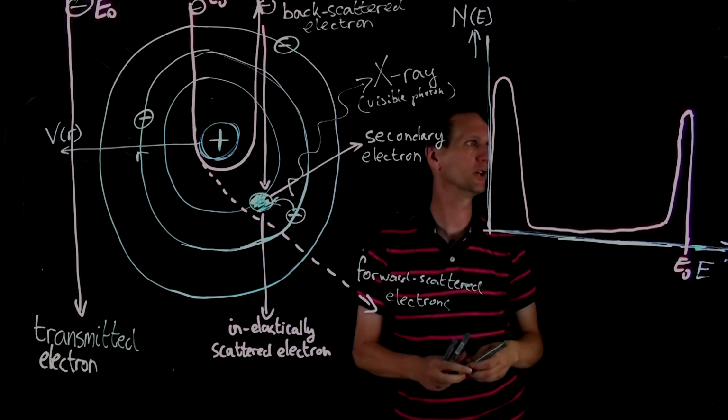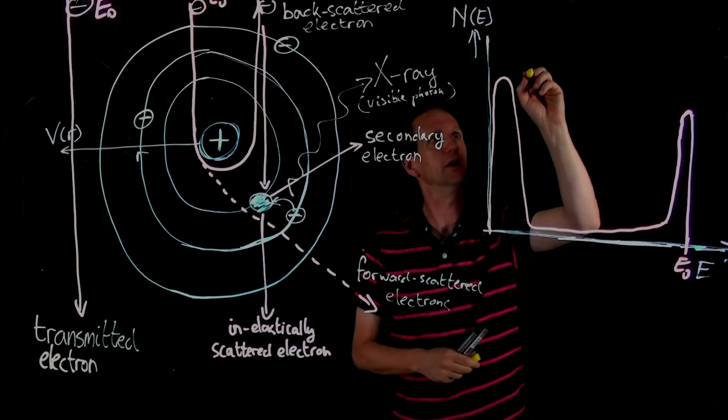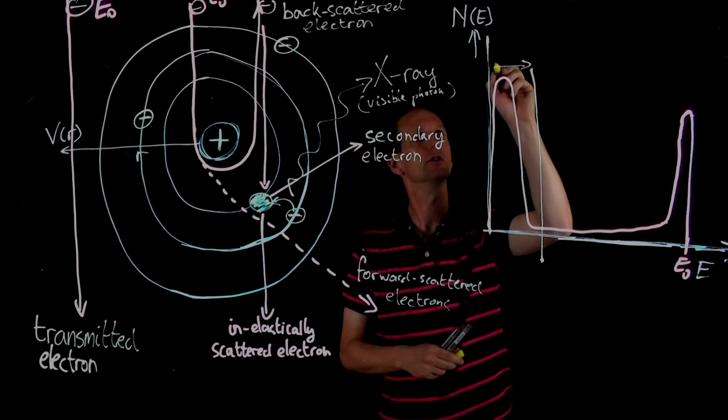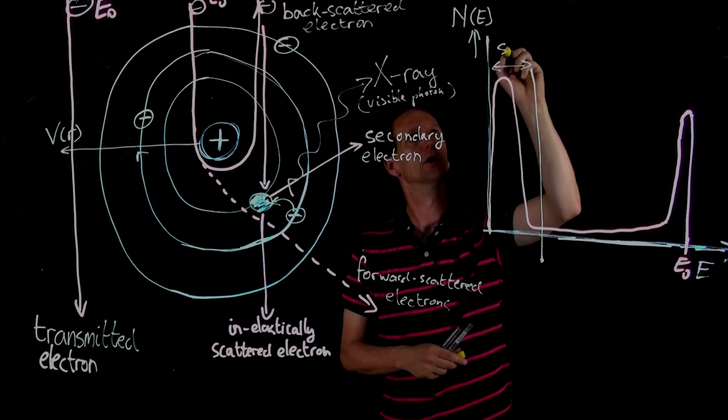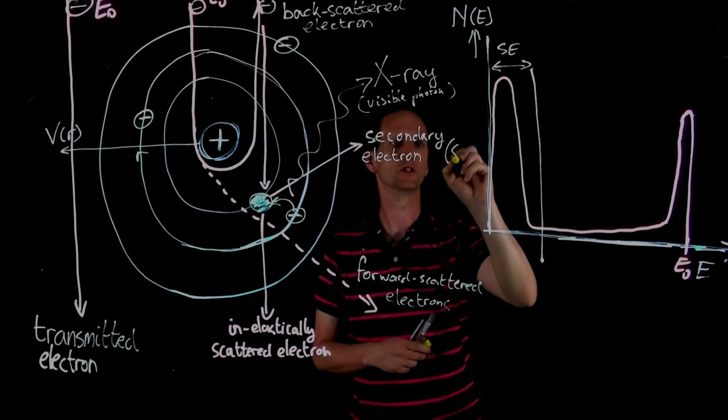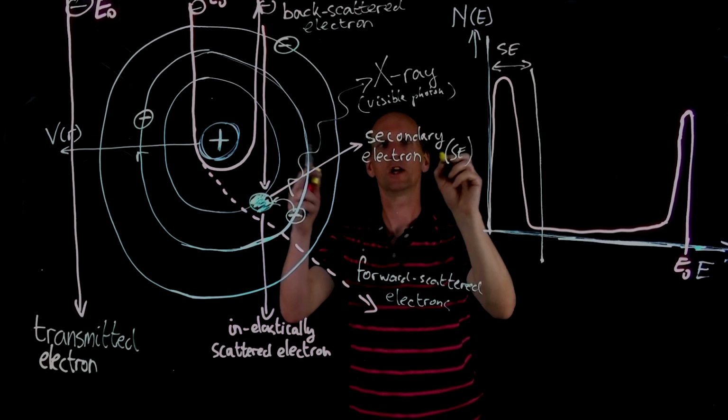So now the two different signals we have, we can discriminate here. These are very low energy electrons. This is the range where we have the secondary electrons, which we'll abbreviate with SE. So these electrons here are the SEs.